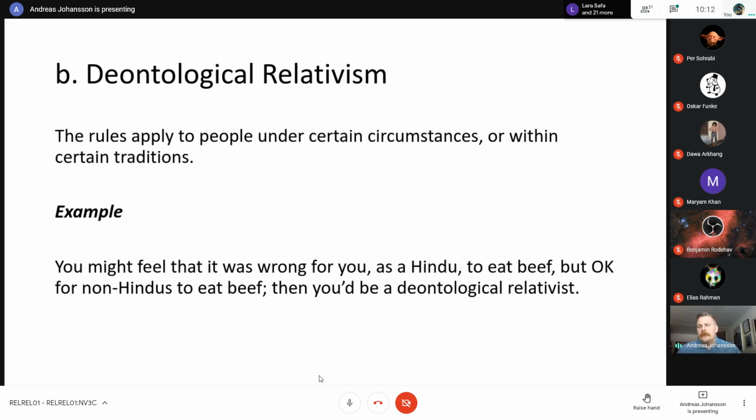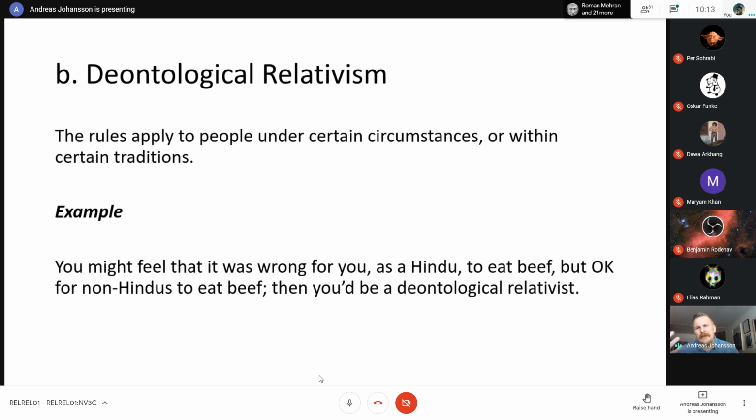The deontological relativist, though, still agrees on the fact that some actions are right or wrong. But where the relativism comes in here is that it's sort of based on the circumstances, based on the context. So a deontological relativist would probably approach this dilemma like this: you as an individual might feel it's wrong to eat beef because you are a Hindu, hypothetically.